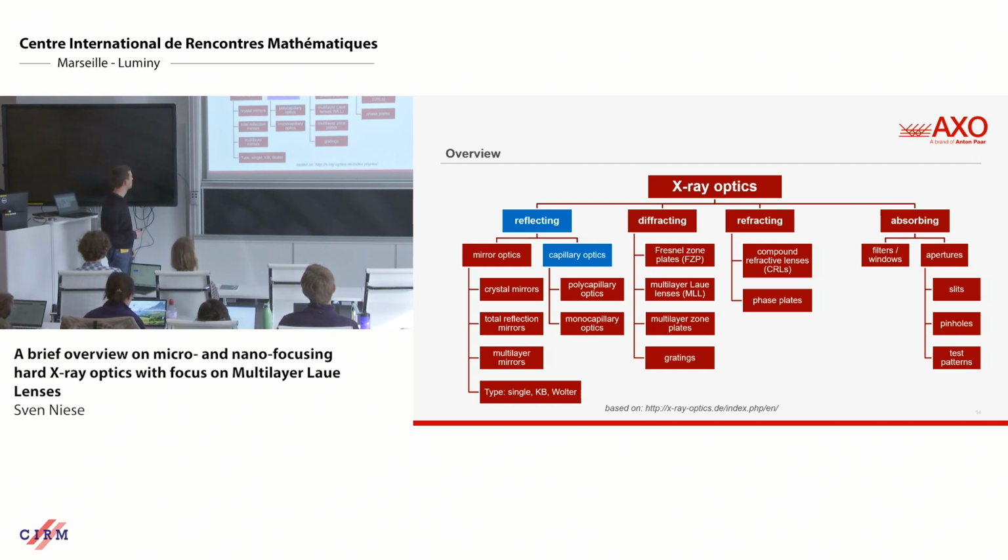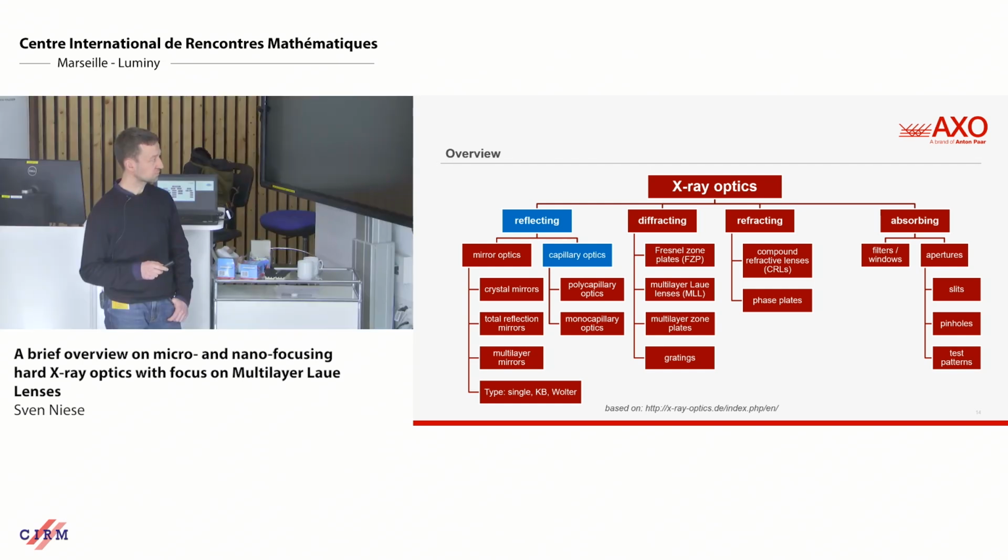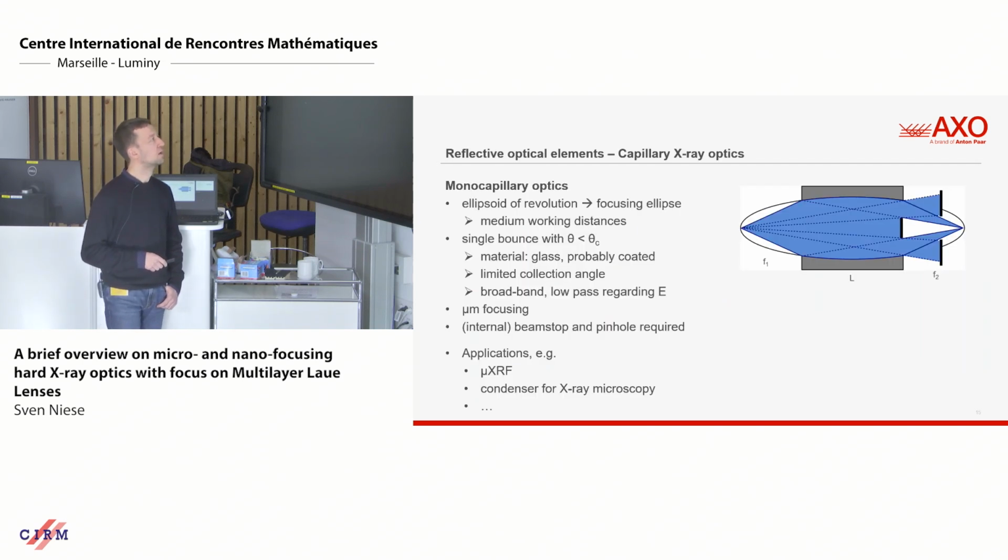Now let's come to the reflecting X-ray optics. There are two main types, capillary optics and mirror optics. Let's start with the capillary optics. You can just use a single monocapillary.